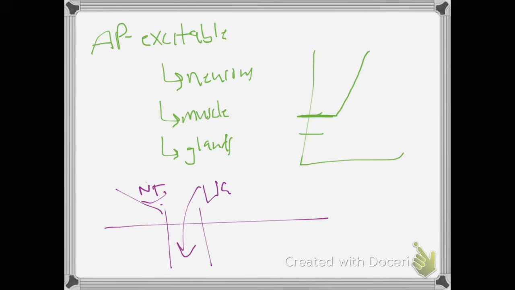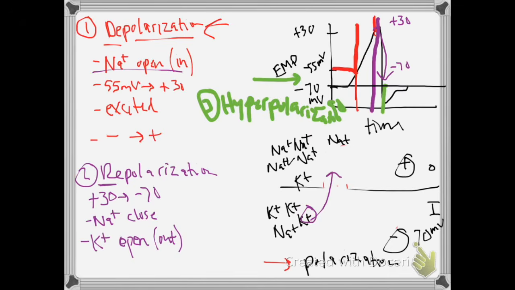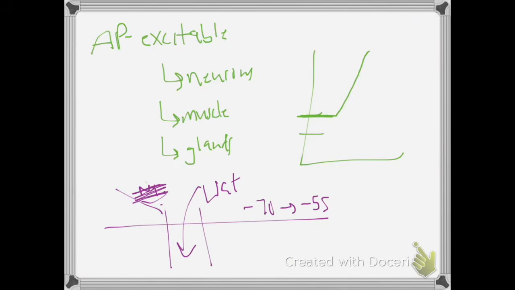So enough of that has to happen to get us from negative 70 to negative 55. Once you're at negative 55, it doesn't matter if a neurotransmitter is bound to a receptor. All sodium gates open. That's why we have here sodium gates are open during depolarization. Once you hit negative 55 millivolts, all sodium channels automatically open and sodium can come in freely. So that's this threshold stimulus.